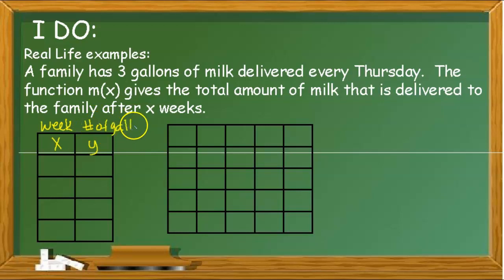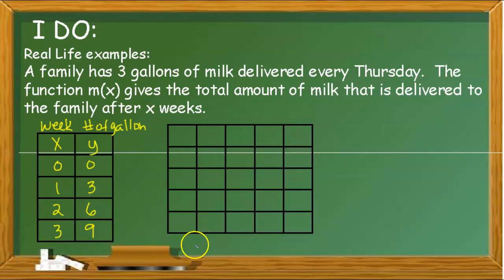As we progress, don't just always use X and Y. Use things that make sense to the problem. So no weeks, none was delivered. But after 1 week, on the first Thursday, they had 3 gallons of milk delivered. After 2 weeks, they had 6 gallons delivered, and after 3 weeks they had 9 gallons delivered, and so forth.